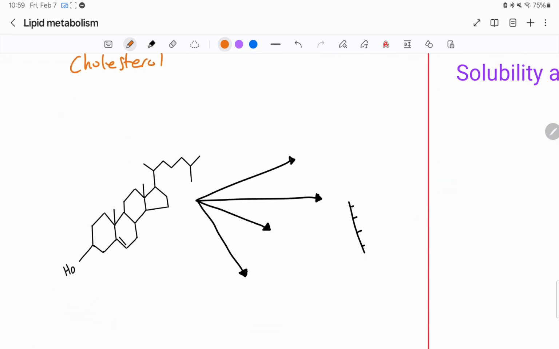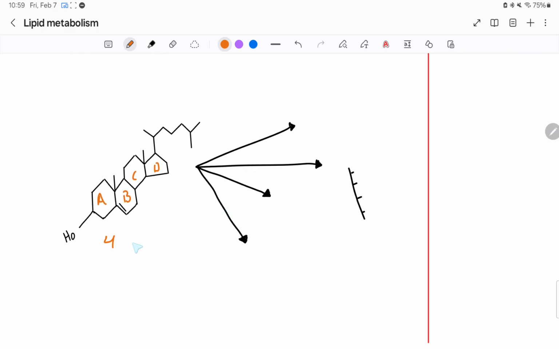All sterols have a common property. They have a four-ring core. So here's A, B, C, D, right? 1, 2, 3, 4. This is a four-ring steroid core. They all have this. All sterols share this four-ring core, which is actually called a steroid nucleus.